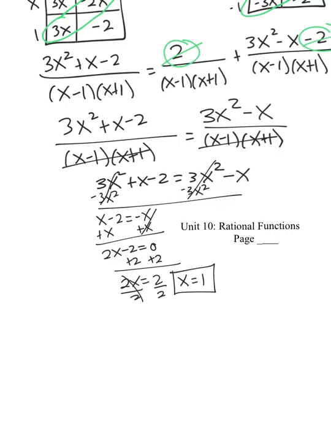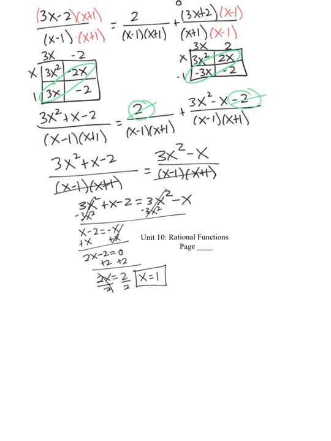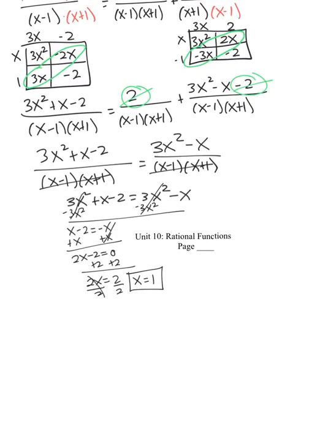Okay, so let's take a look at our domain restrictions here. Your common denominator, I'm going to circle it in yellow on this fraction, was x minus 1 times x plus 1. So flipping those signs, I can't have positive 1 or negative 1 as an answer.